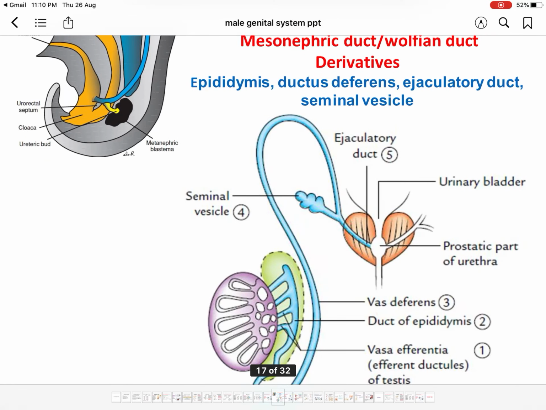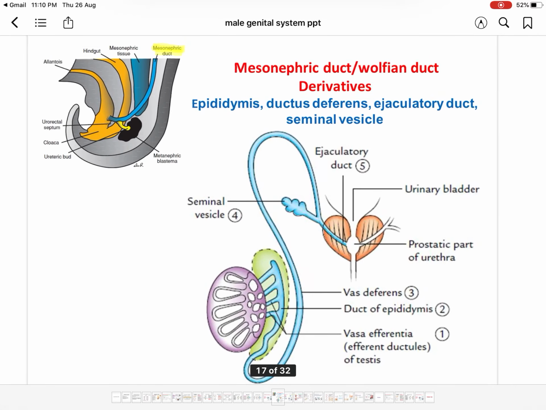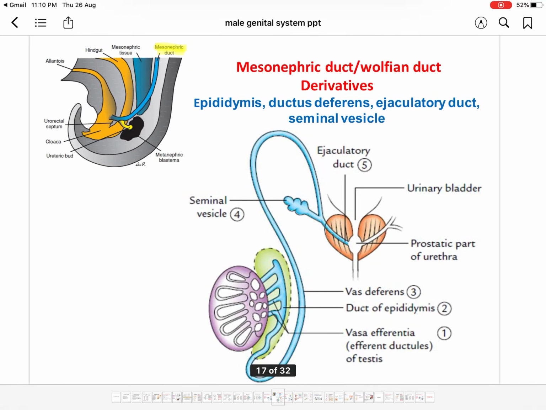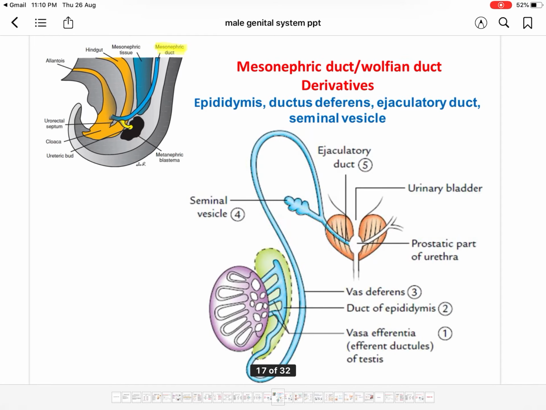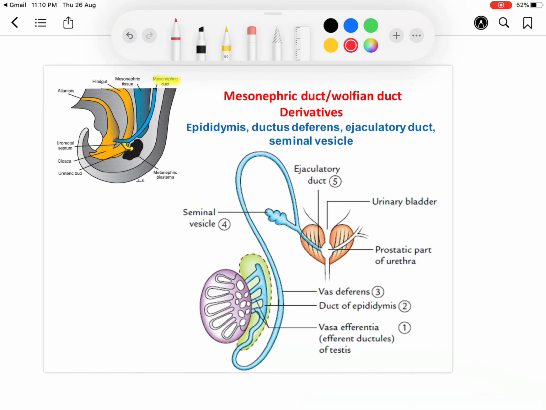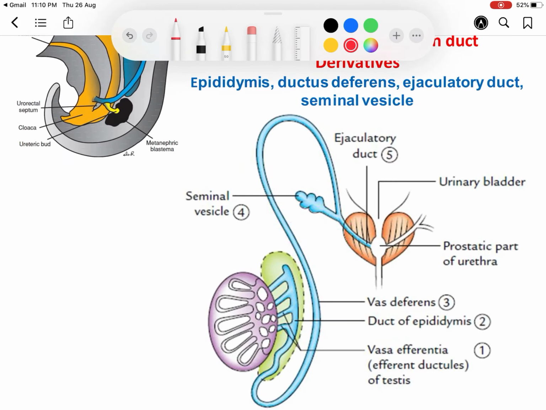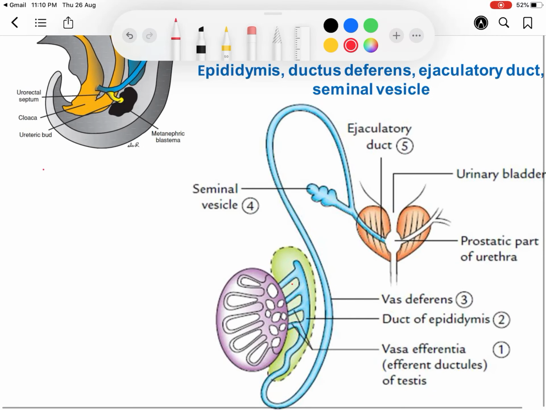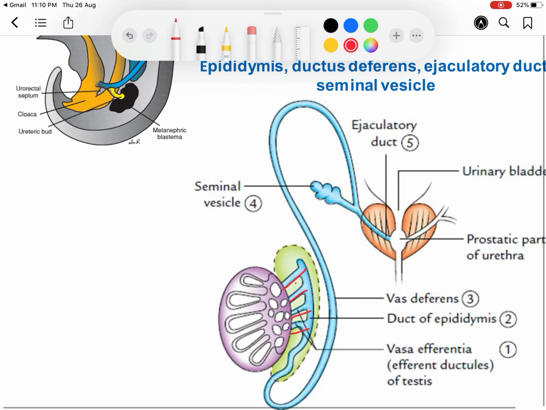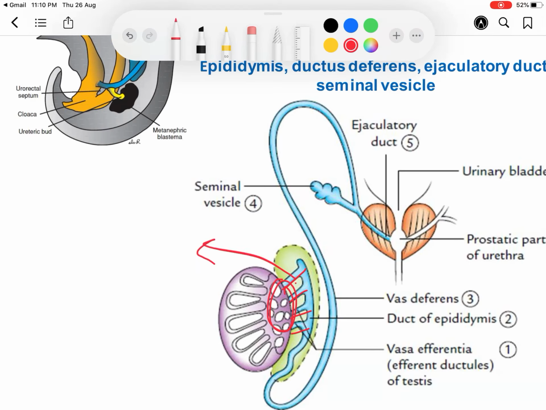So what are the derivatives of the mesonephric duct or Wolffian duct? You can get a short note on it. First of all, you can see in the first diagram, this mesonephric duct is opening into the cloaca. Now you can see the mesonephric tubules, which are making communication with the epididymis, and they will form the vasa efferentia or efferent ductules of the testes.